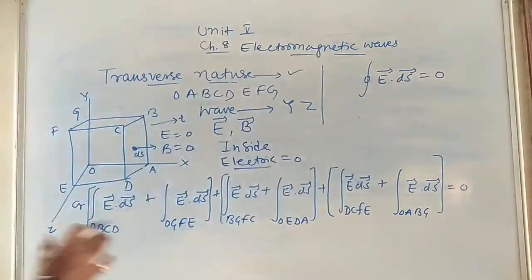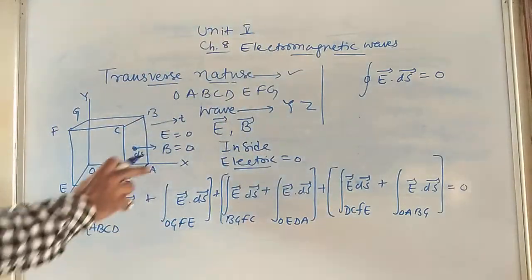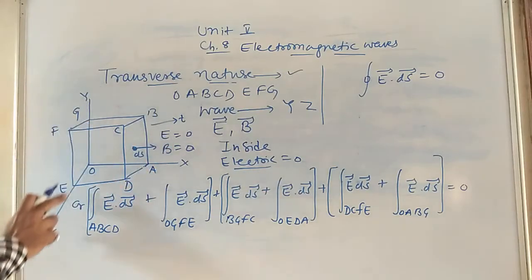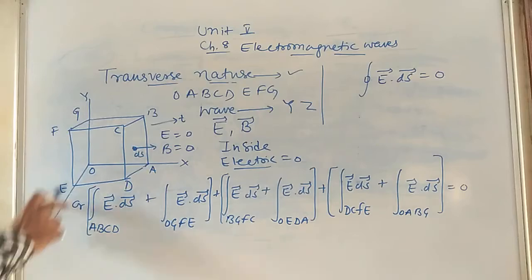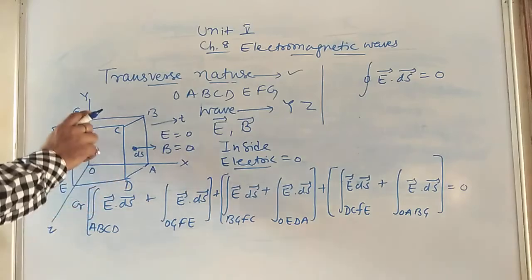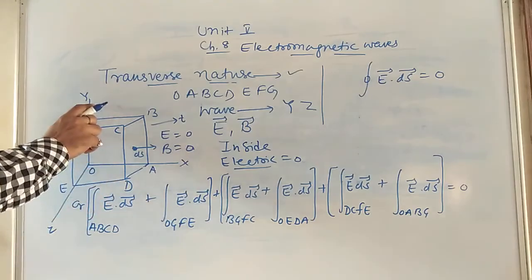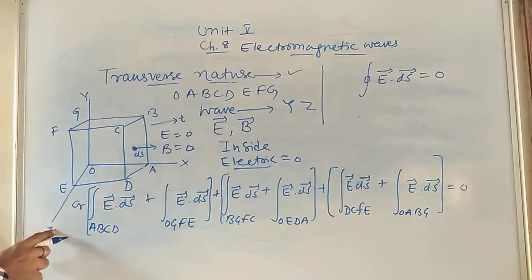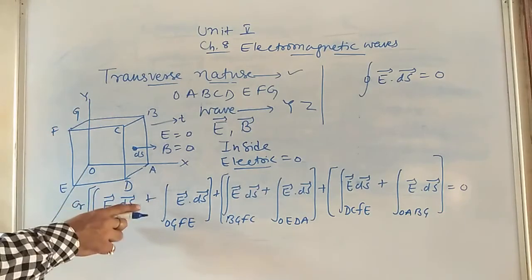There are 6 faces in this parallelepiped. Now let us see. Since the electric field does not depend on Y and Z, the contribution of total electric flux coming from the faces normal to the Y and Z axis will be cancelled out in pairs.